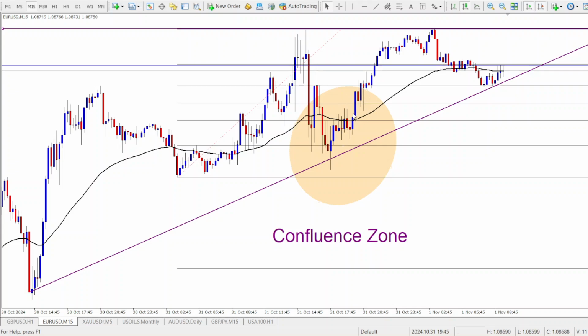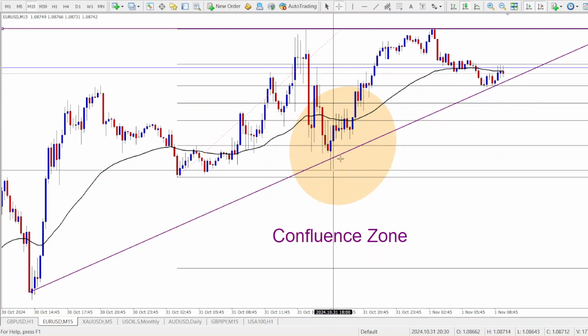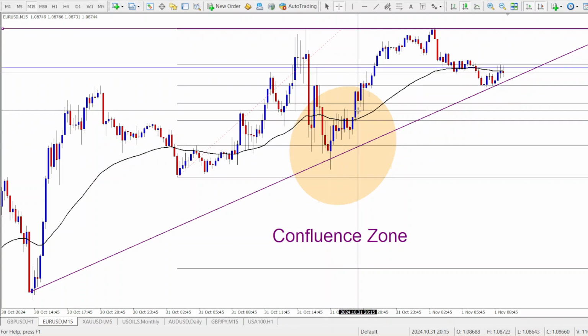So we had a confluence zone around here. So if we wanted to enter a buy based on buy signals from these three indicators, then it would have been at this point that we would enter our buy.